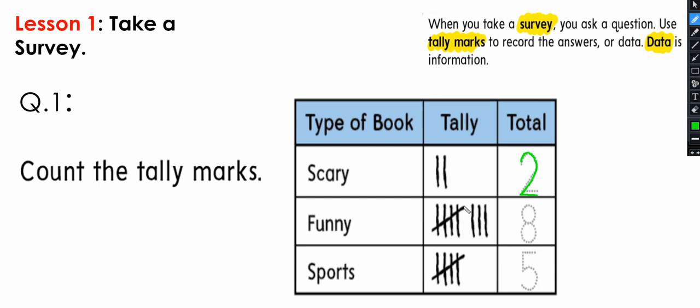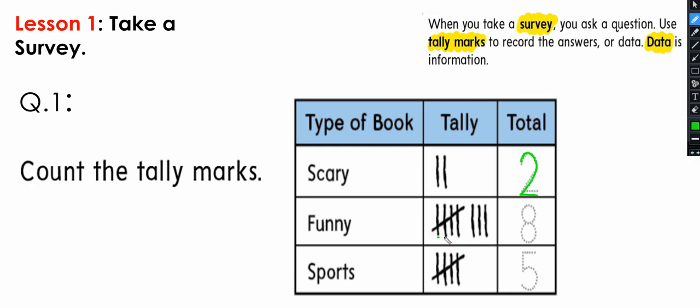Now remember that this one right here, just by looking at it, means 5. The difference is that it has this tally mark that crosses the 4. So when you have 5, you just cross the 5th tally mark on top of the 4 to make it a 5. So just by looking at this, you will always say that this is 5, so that you don't have to count one by one.